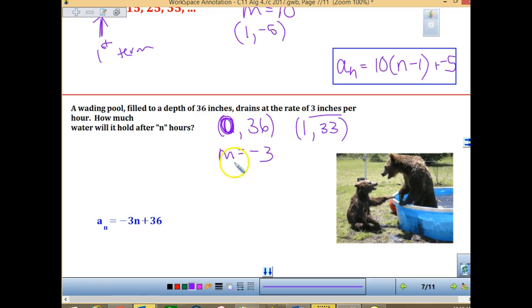So this is our 0, 1. This would be our equation: y equals negative 3 times (n minus 1) plus 33. This is going to be my 0 term. Okay? 0 term, 36. First one, 33. My fault I had the 1 up there to start with.